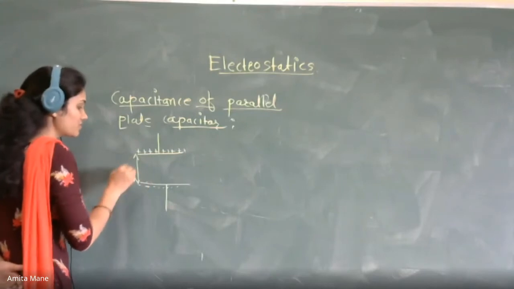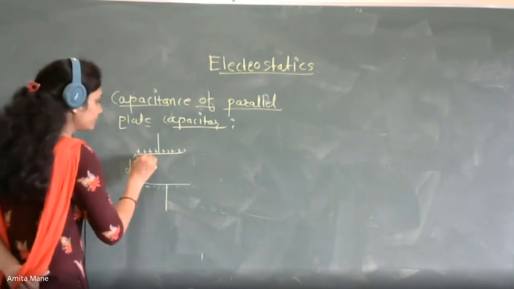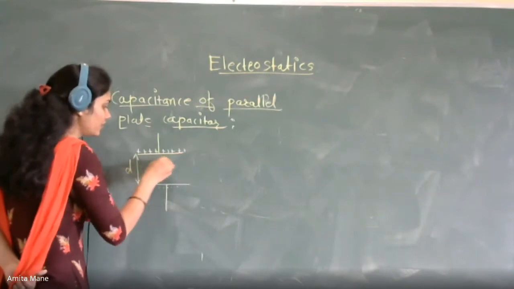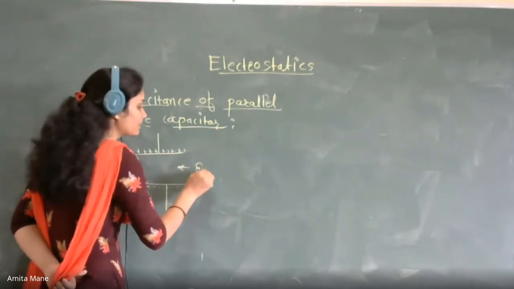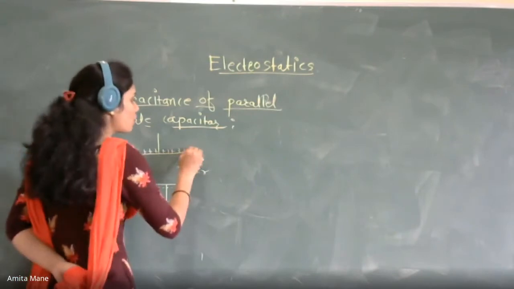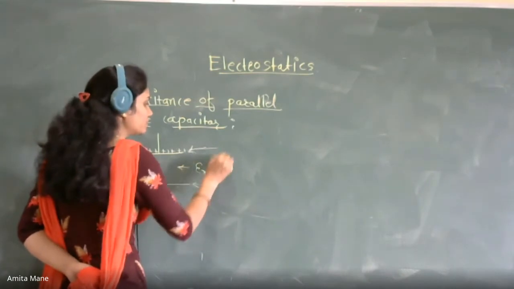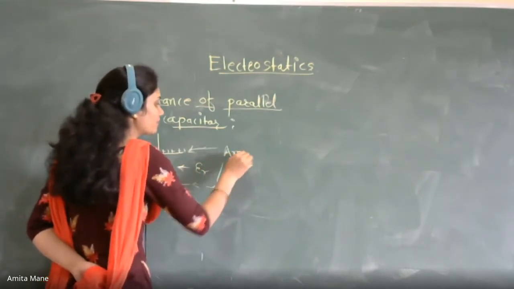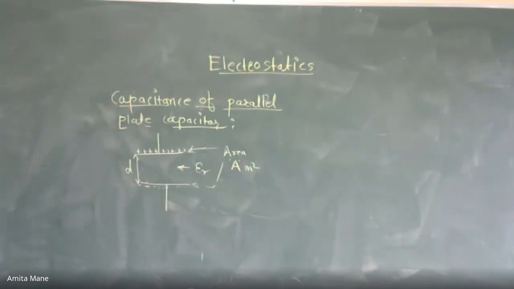Let the distance between the two plates be d. Next, consider this is the dielectric material, having relative permittivity epsilon r. And suppose the area of each plate is A, small a or capital A, whichever you want to consider.